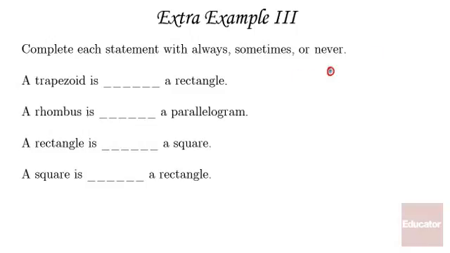Okay, so then the flow chart starts off as quadrilaterals. We have trapezoids here. We have parallelograms here.